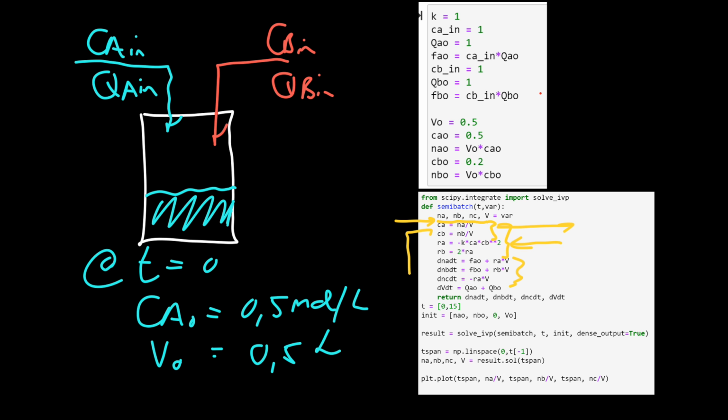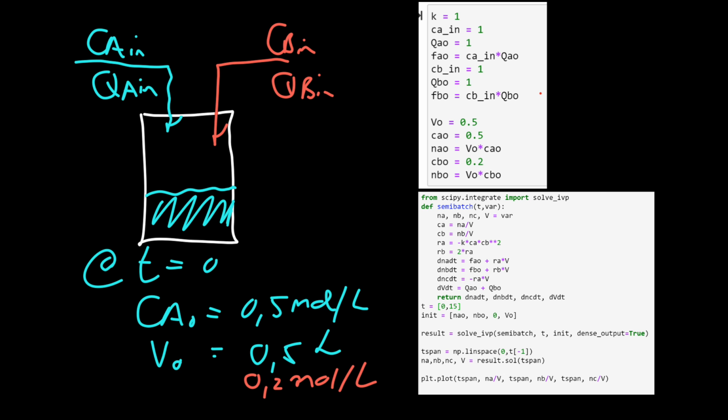An alternative approach that's easy to implement in Python is to keep the mole balances in terms of the number of moles as the dependent variables, and then just complement them with algebraic equations to calculate the concentrations needed in order to use the algebraic equation for your rate equation in terms of concentration. So I've got my algebraic equation sets complemented by my differential equations in order to satisfy my degrees of freedom.